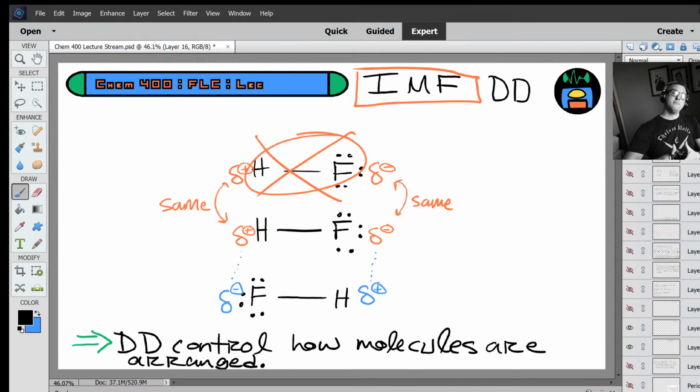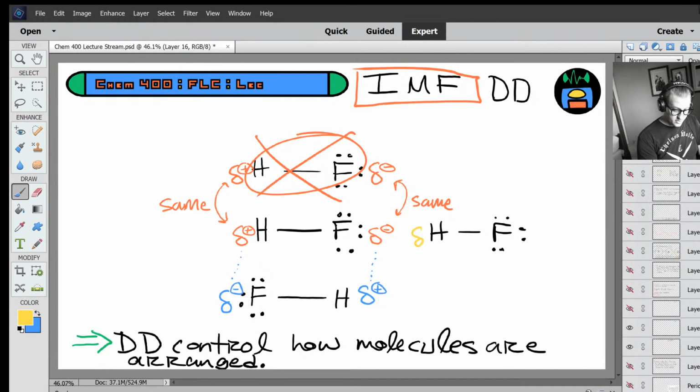And when one molecule moves, it affects all the other ones around them. There are ripples of repulsion and attraction as it tumbles through space, right? Because there are other molecules of HF that are attracted or repulsed by different portions of the molecule, like this, bringing in another H to be close to this fluorine. And you can imagine more and more building and arranging in this particular fashion. All right.